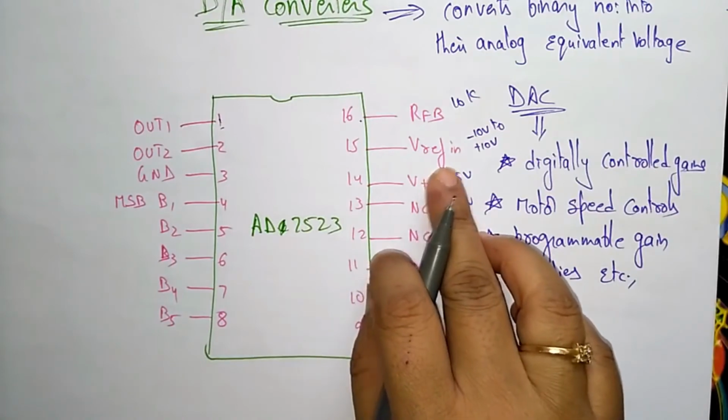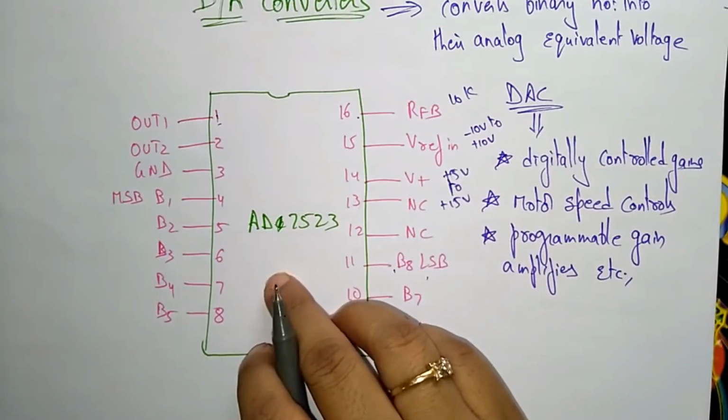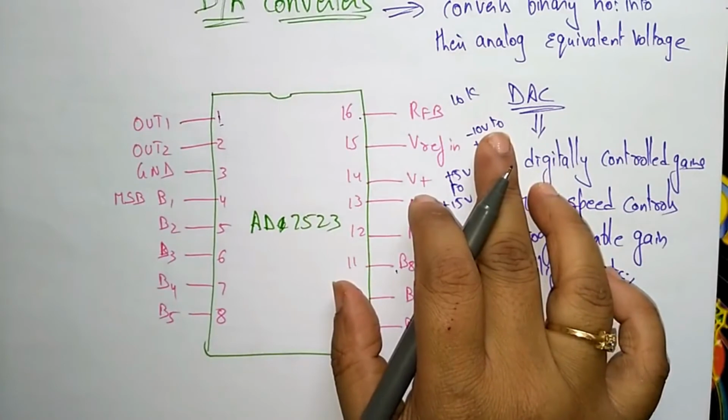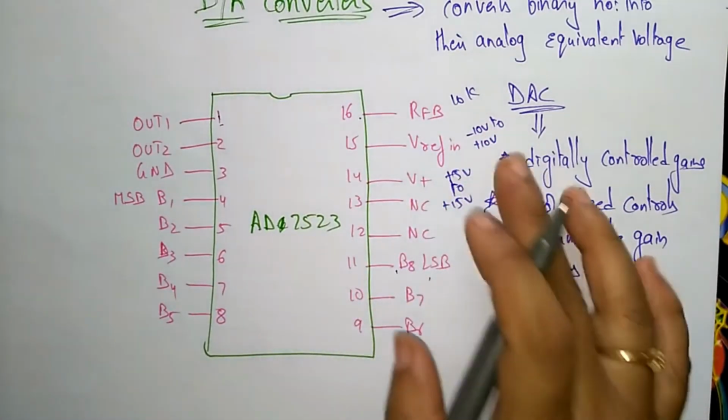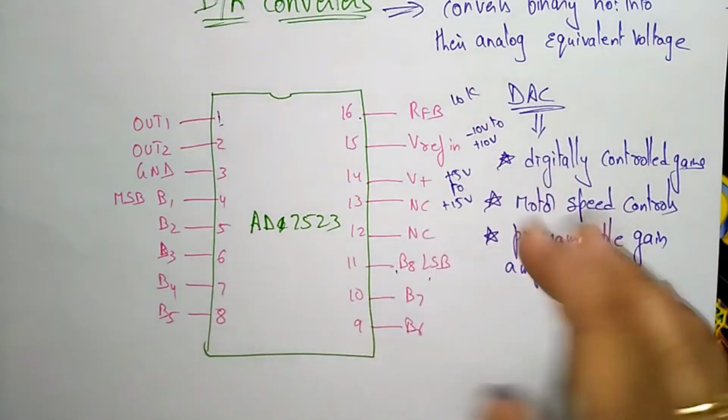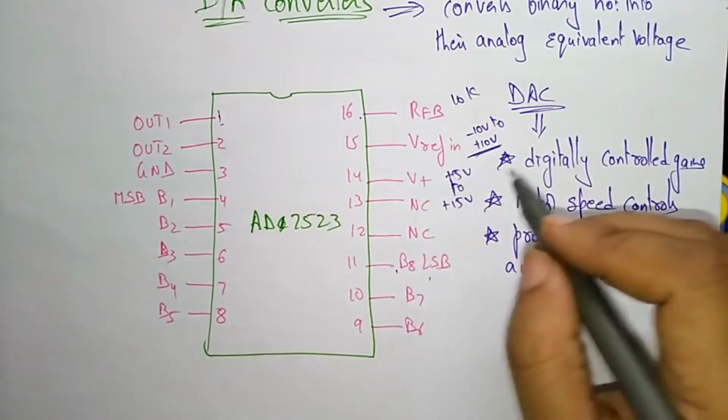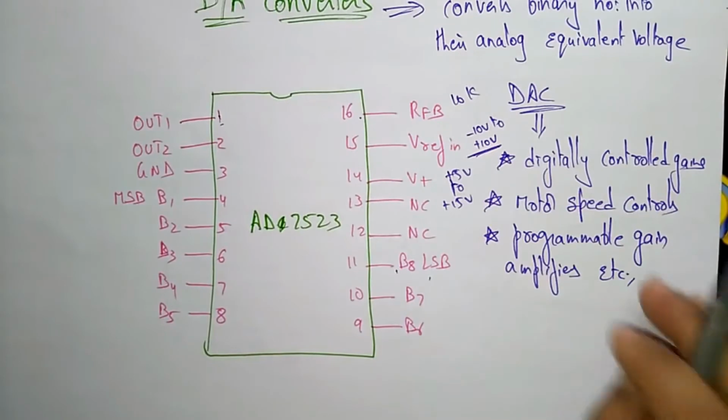The reference voltage that will be given to the digital to analog converter is minus 10 volts to plus 10 volts. The maximum analog output voltage will be plus 10 volts.